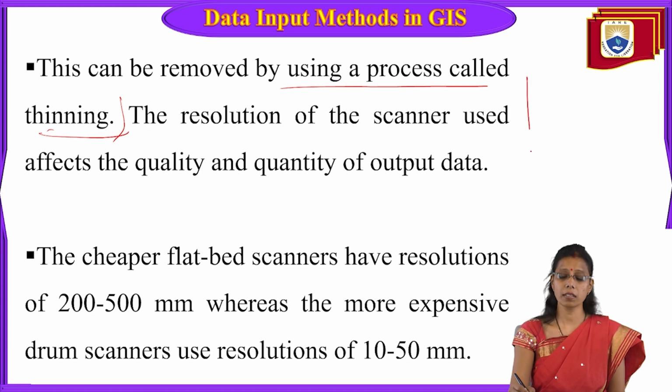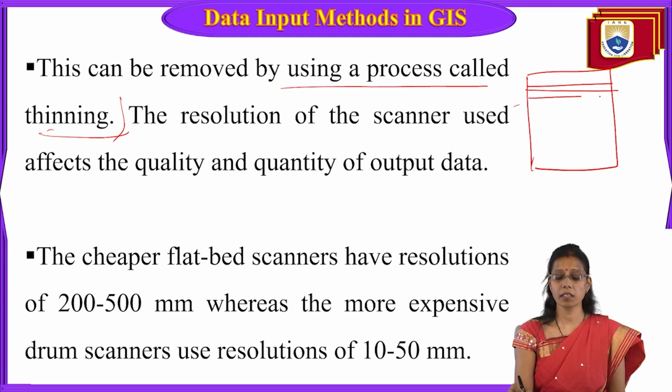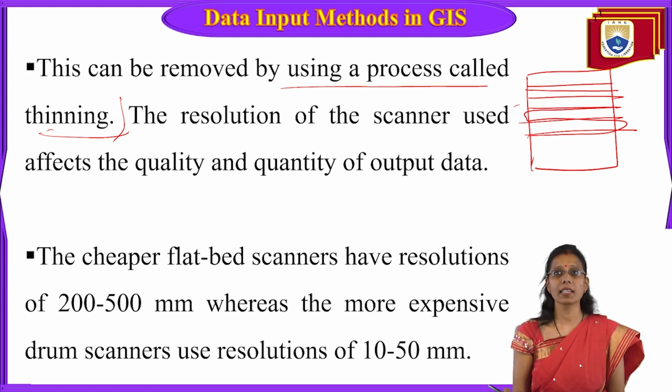You can see that after scanning and printing, very slight lines appear like this. The scanner goes like this and scans the entire document, so that later these lines can be reduced or removed by using the thinning process.